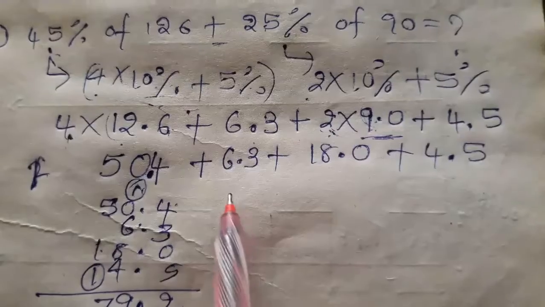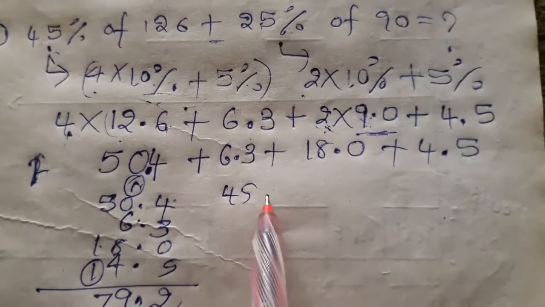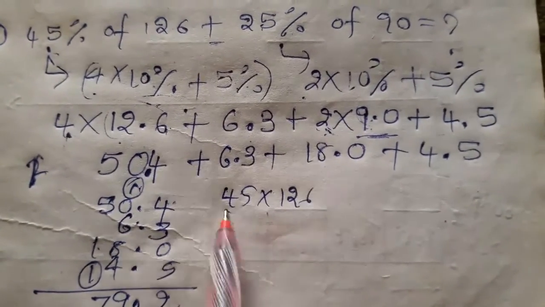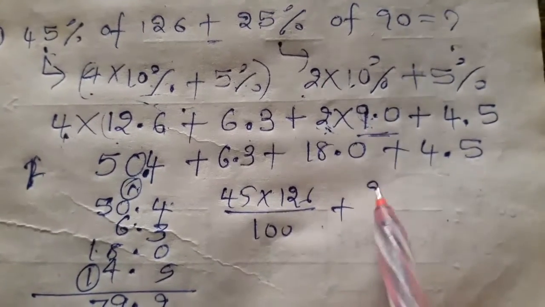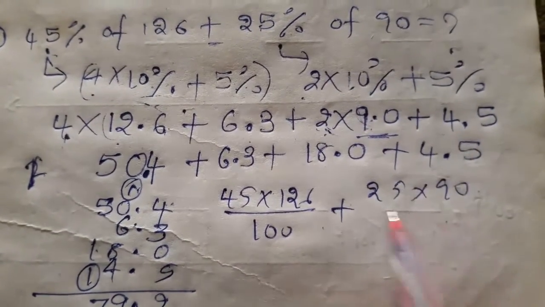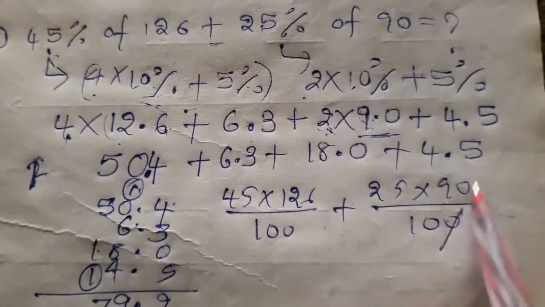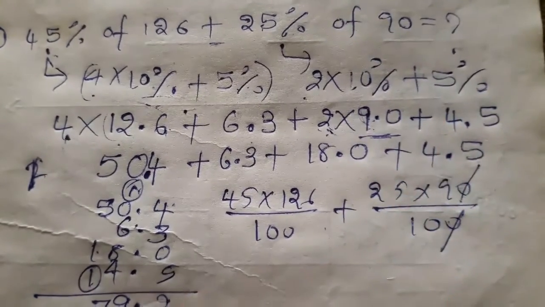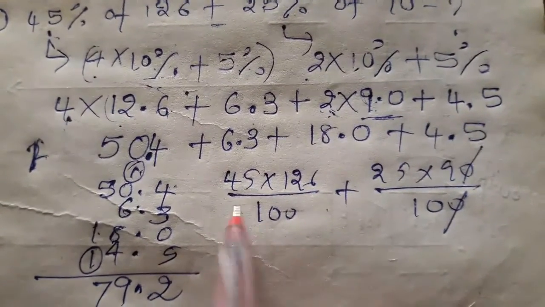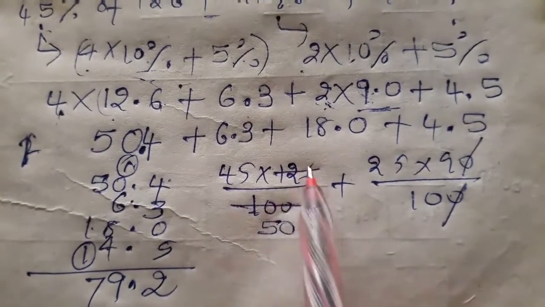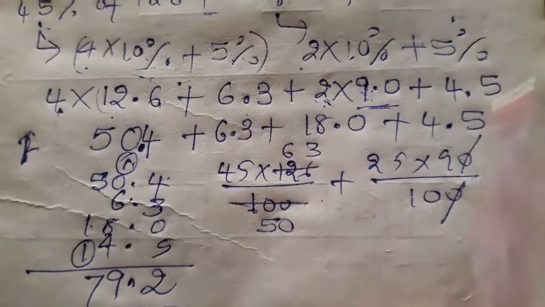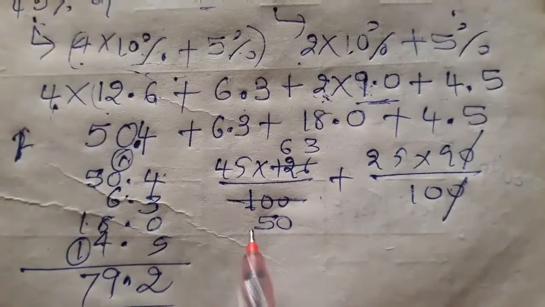In the traditional approach, 45 into 126 by 100 plus next 25 into 90 by 100. This 0 cancels, but here 2 fives are 10, 2 sixes are 12, 2 threes are 6, isn't it?